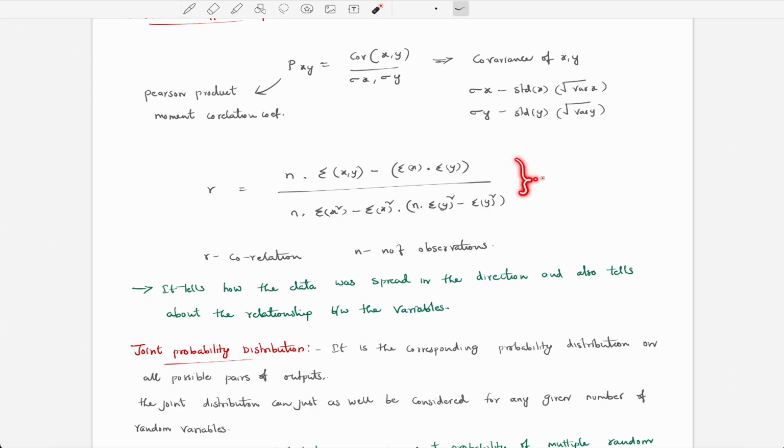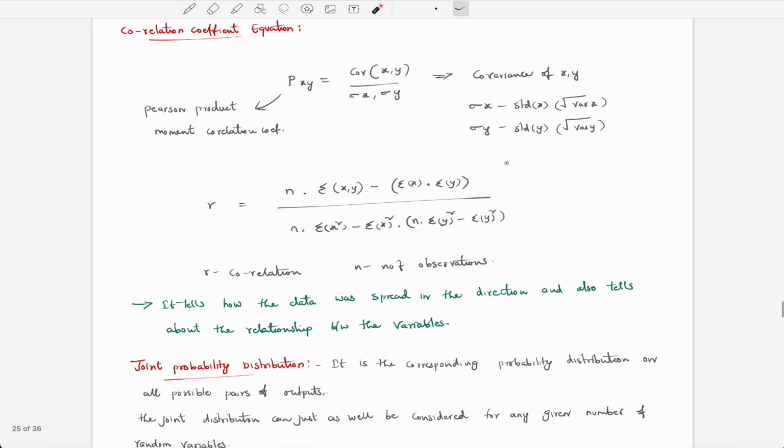It's a bit difficult to understand as of now, but we don't need to remember the formula. We will do it on a computer, so it will be easy there. So as of now, just have an idea of what this correlation coefficient equation is; we're going to do it on the computer, so you don't have to worry.